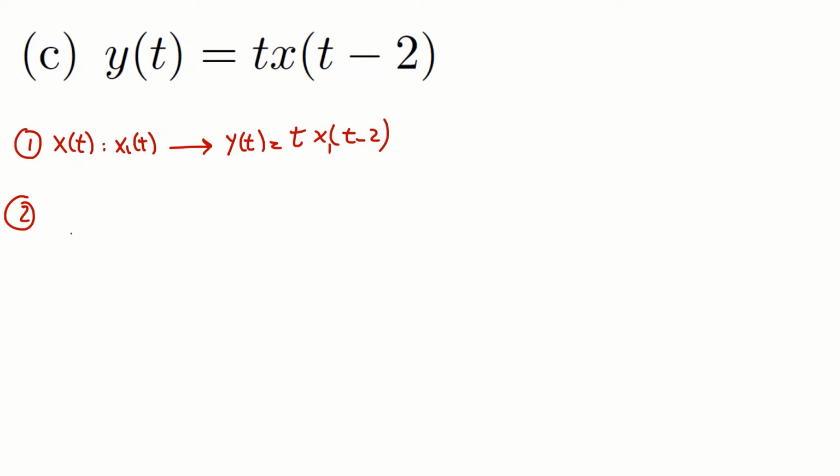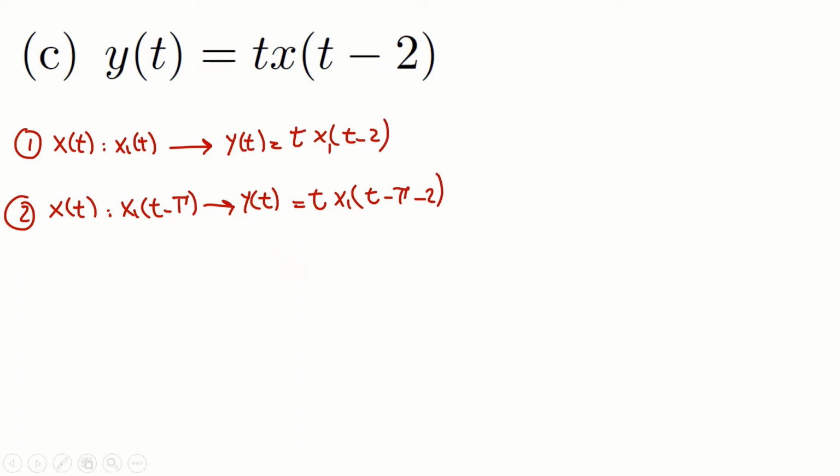If I change the input at time t by shifting x1 and give x1(t − τ) to the system, then y(t) would be t times x1(t − τ) − 2. This is obvious because y(t) is t times the input. So this time the input is x1(t − τ), so y(t) becomes t times x1(t − τ) − 2.